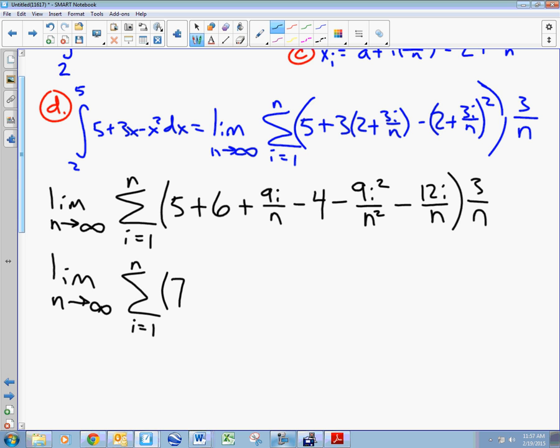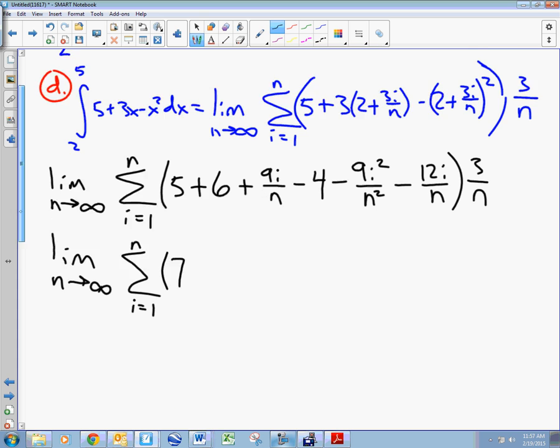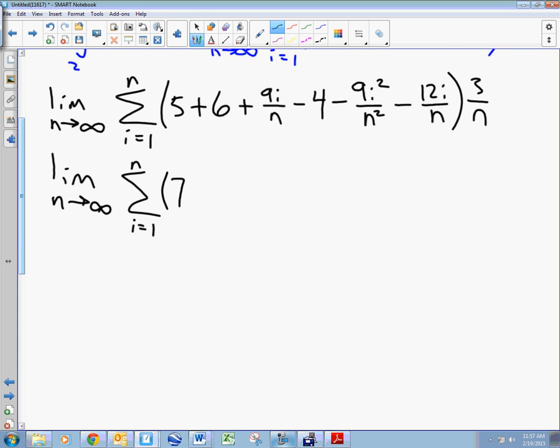You get the 4 and the 9i squared over n squared, and then the inside and outside make 12i over n. Okay, so 7 is 3i over n. It's 9i squared over n squared times 3 over n. We're making progress, aren't we?